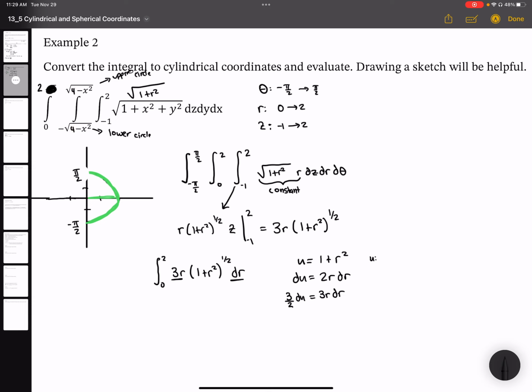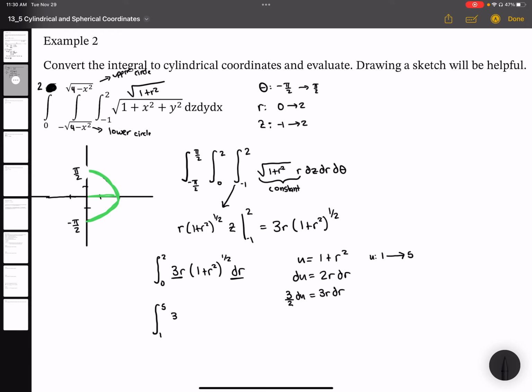Our u limits are going to be, if we substitute in 0, we're going to get 1. If we substitute in 2, we're going to get 1 plus 2 squared, which is 1 plus 4, which is 5. So we have the integral from 1 to 5 of 3/2 u to the 1/2 du.